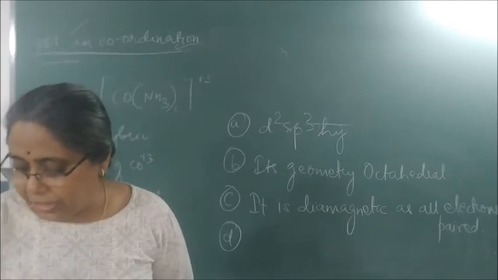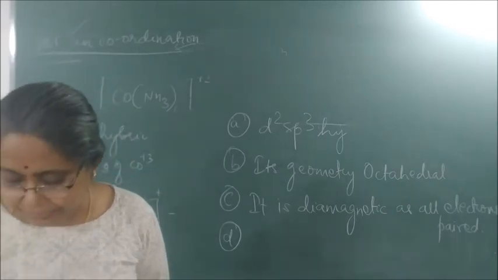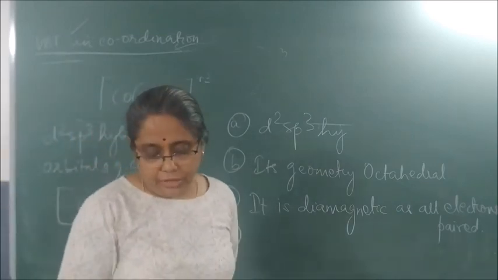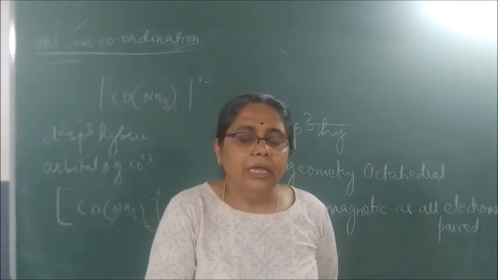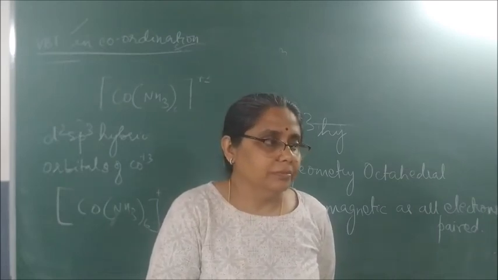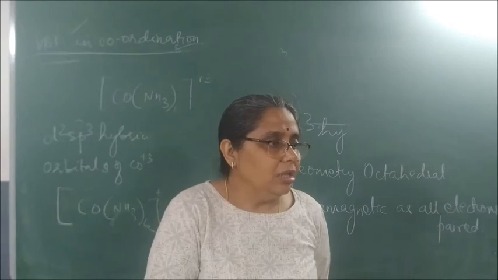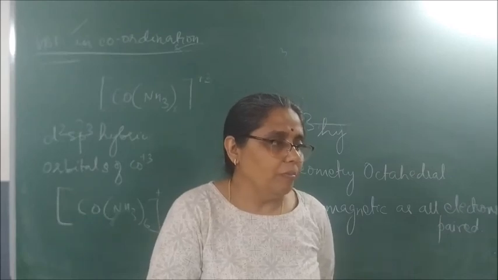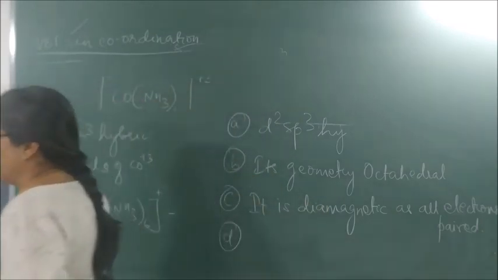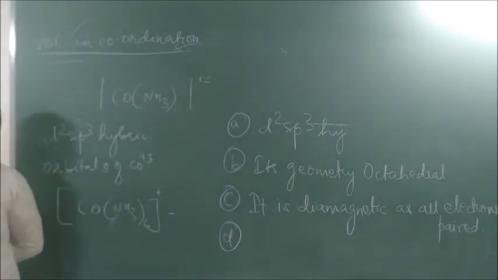As all the electrons are paired, it is a low spin complex. Is it clear what we did? This is how you are supposed to write for 4 marks.